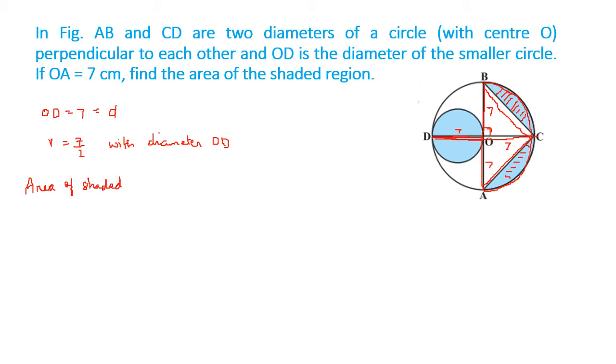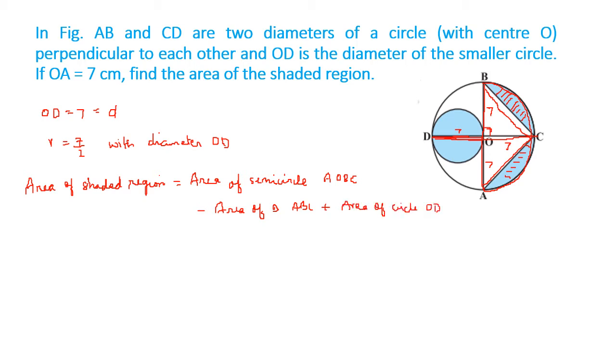The area of the shaded region is equal to the area of semicircle AOBC, that is a semicircle, minus the area of triangle ABC, plus the area of circle OD, or the circle with diameter OD.